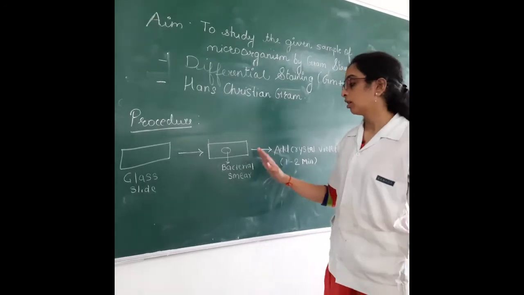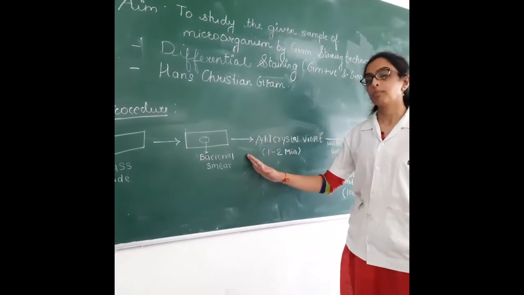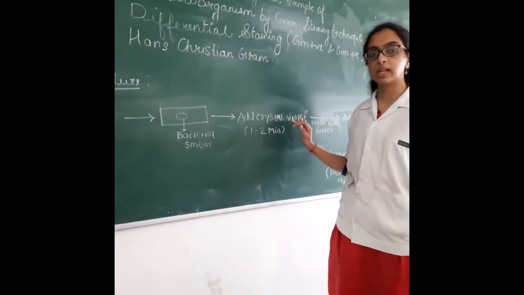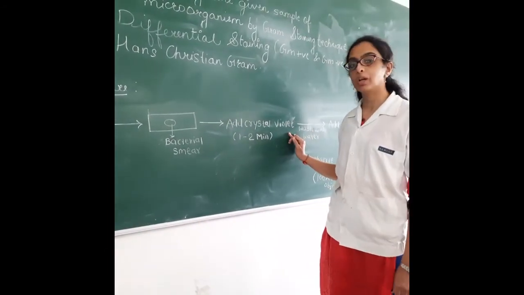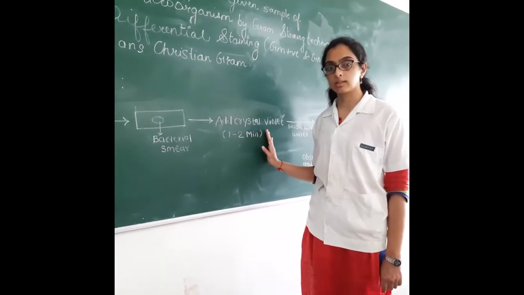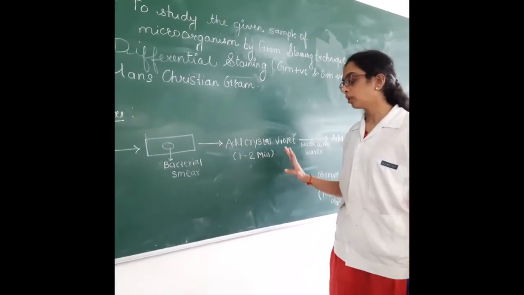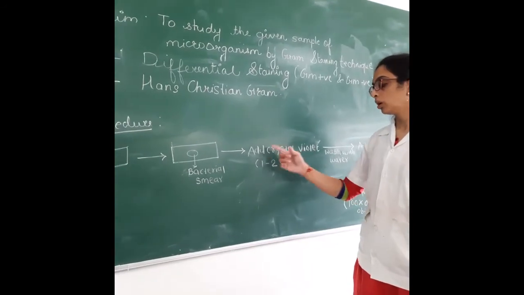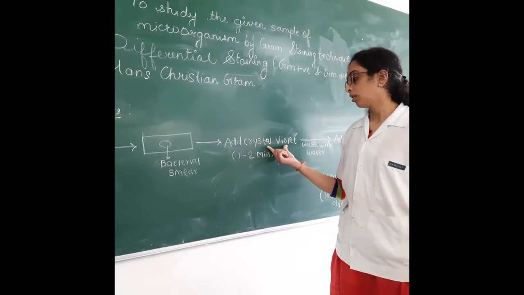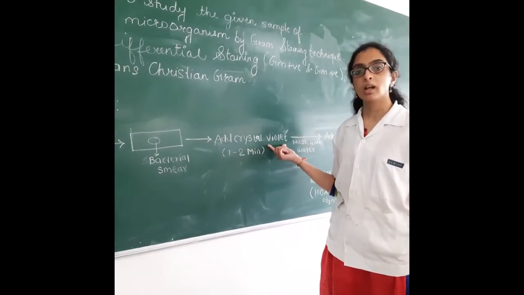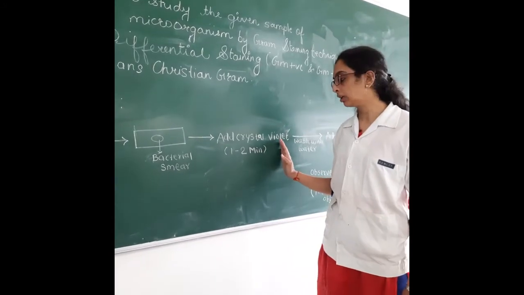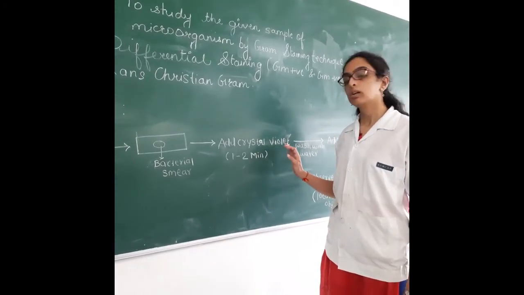After preparation of the bacterial smear, you have to add the primary stain, that is the crystal violet, and allow it to react for 1 to 2 minutes. During this duration, the crystal violet will react and stain all the cells, whether gram positive or gram negative, into the violet color.